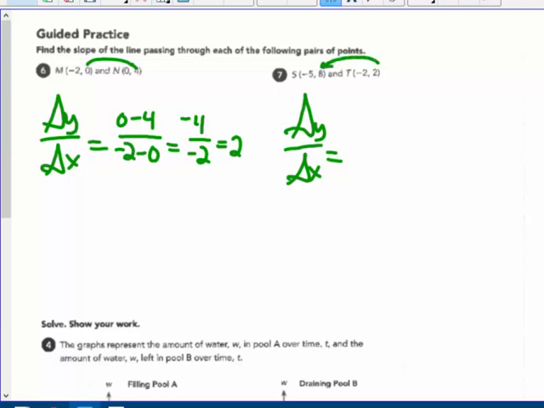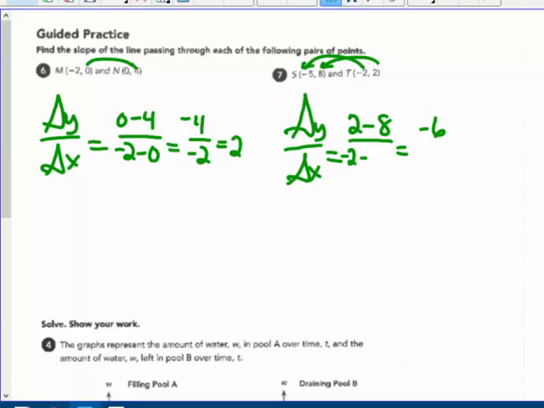2 minus 8, y values on the top. Negative 2 minus 5. And I'm going to get 2 minus 8 is negative 6, and negative 2, take away negative 5. Ooh, be careful, I missed that. Mistakes.